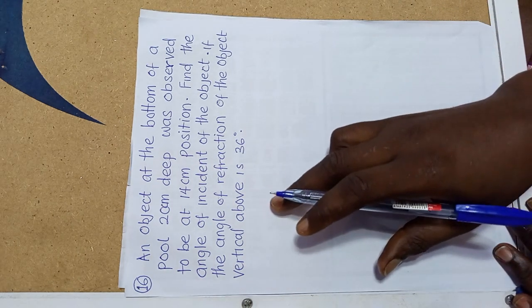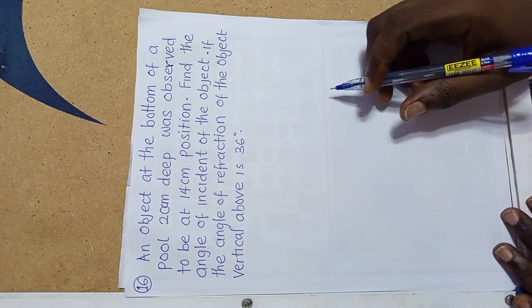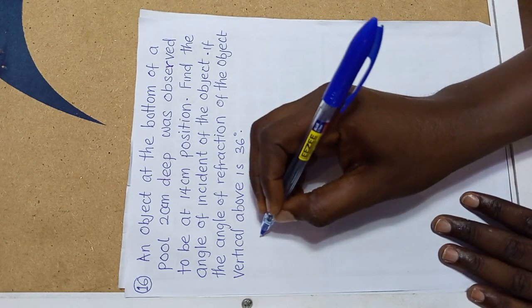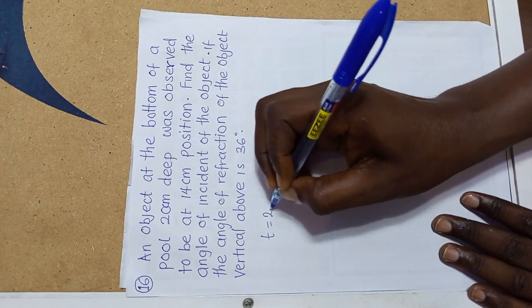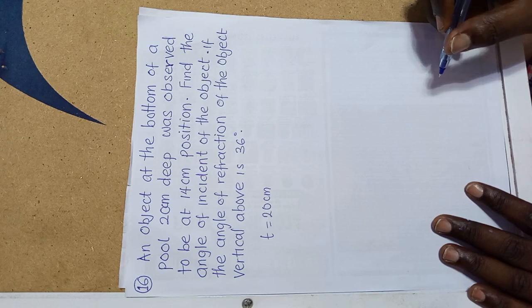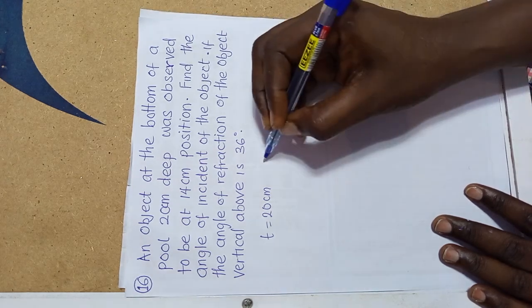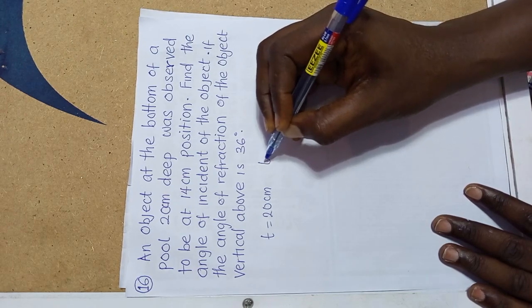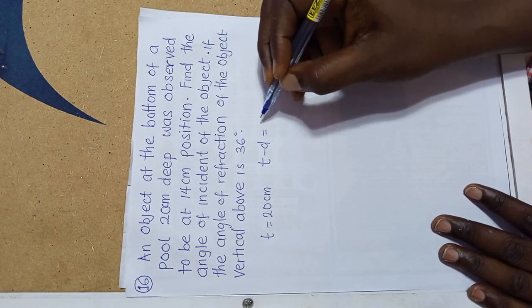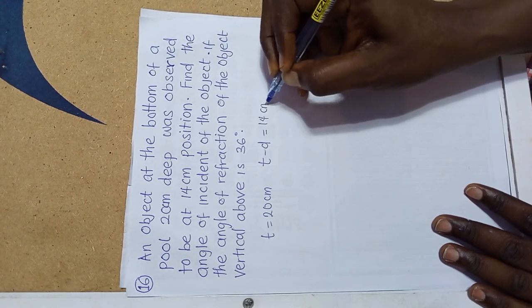In this case, we have an object at the bottom of a pool, 20 centimeter deep, that is the depth, was observed to be at 14 centimeter position. So that was T minus D is equal to 14 centimeter.